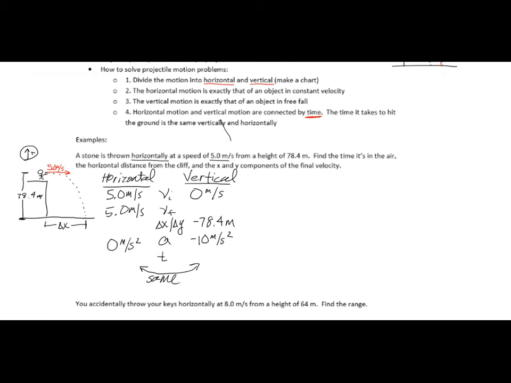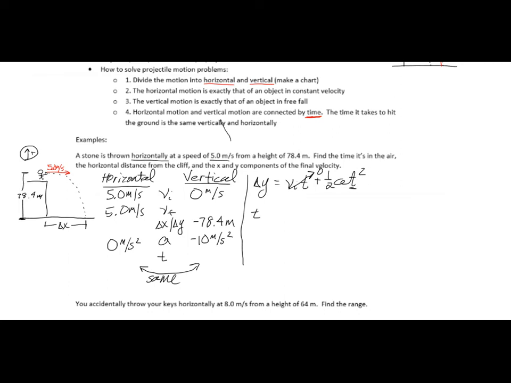Okay. All right, so here we go. Now what we have to do, we're solving on the vertical side, and we're going to solve for time. So let's try this. Delta y equals vi times t plus 1/2 at squared. Nice part about this, initial velocity is 0, so that whole thing goes away, and then we solve for t.